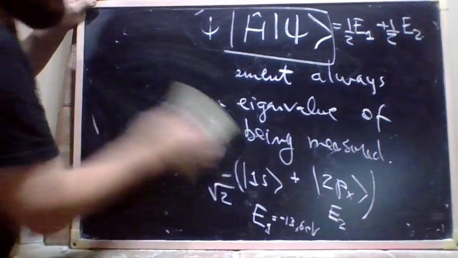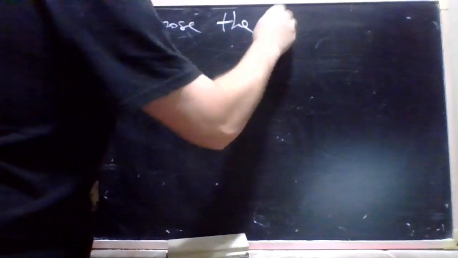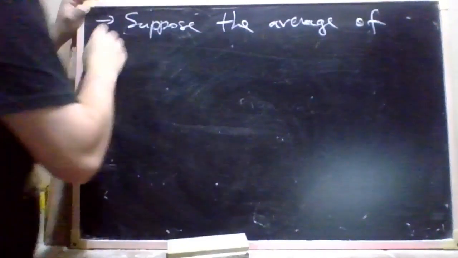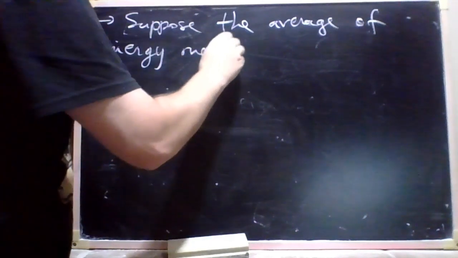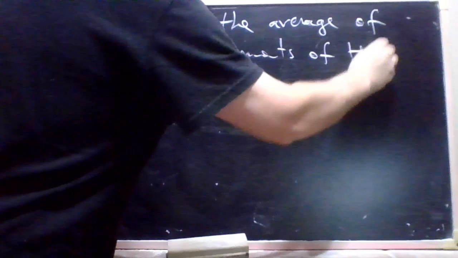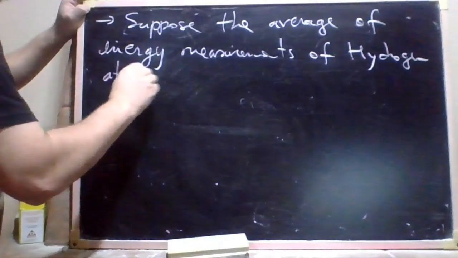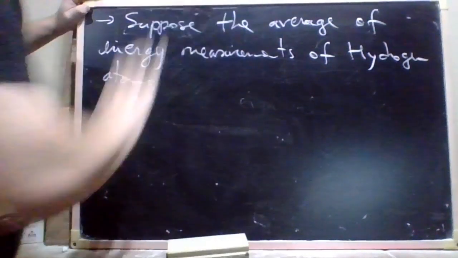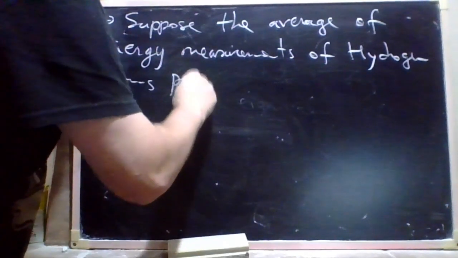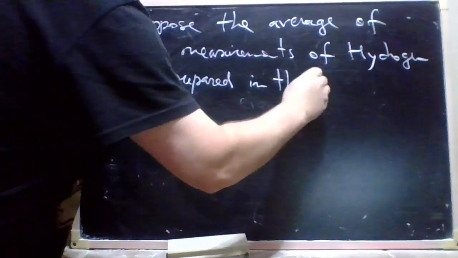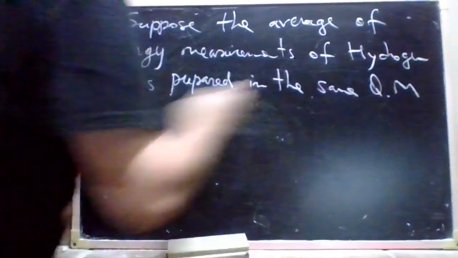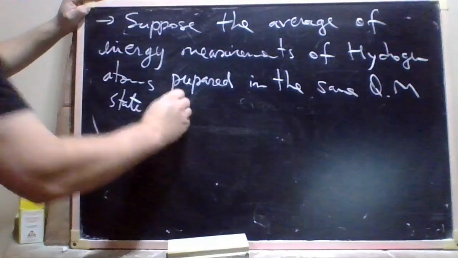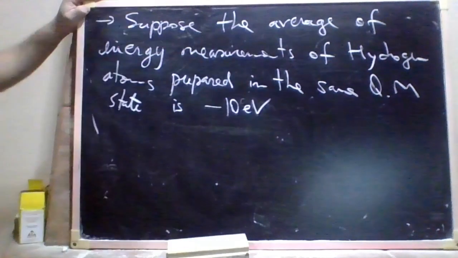So I may say, suppose the average, it's a discussion of a real problem here. Suppose the average of energy measurements of hydrogen atoms, the average of measuring hydrogen atoms prepared in the same quantum mechanical state, each of them is, say, minus 10 electron volts, right?